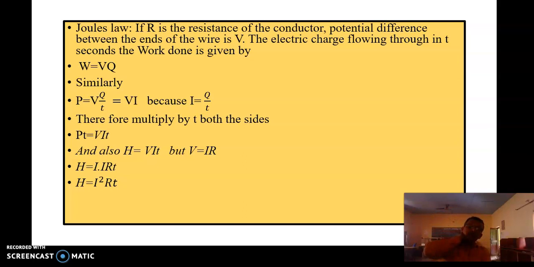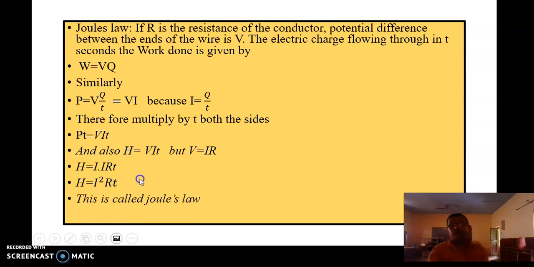If you remember this, then you can write Joule's law in the form of sentences. The heat liberated in a conductor is directly proportional to the square of the current passing through it, the resistance of the conductor, and the time.